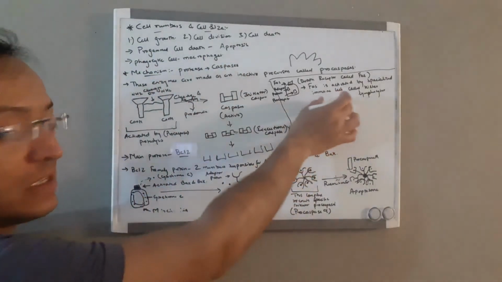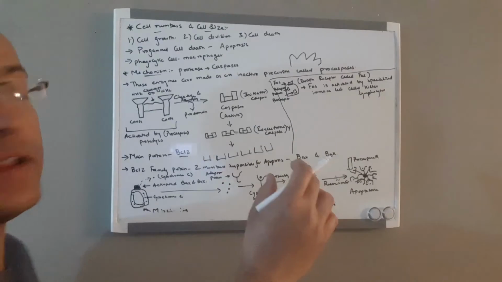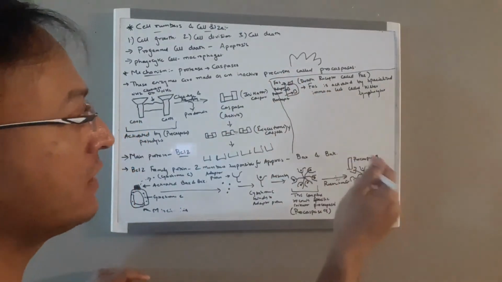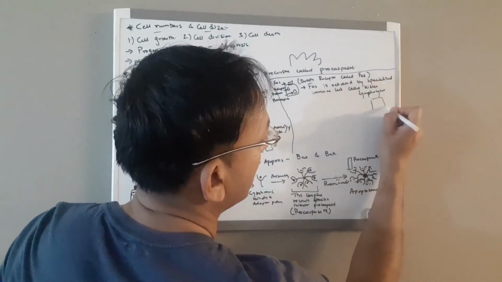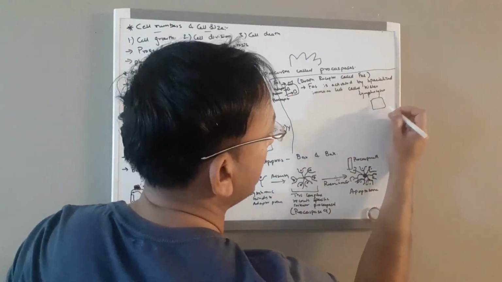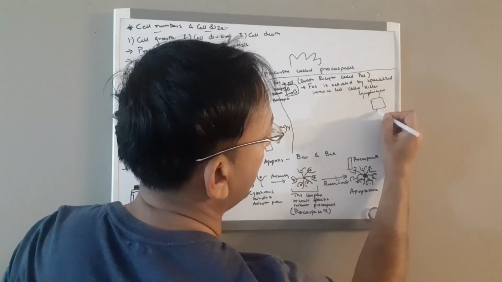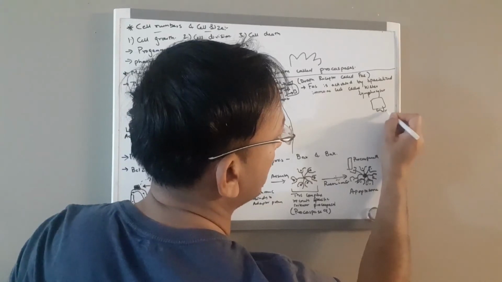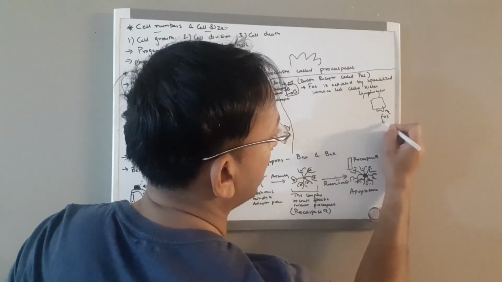Why killer lymphocytes? These killer cells have a ligand, the FAS ligand, that will activate it. So for example, this is a killer lymphocyte, and maybe it has a structure like this. This is the FAS ligand.